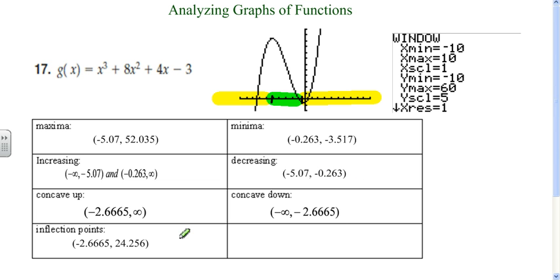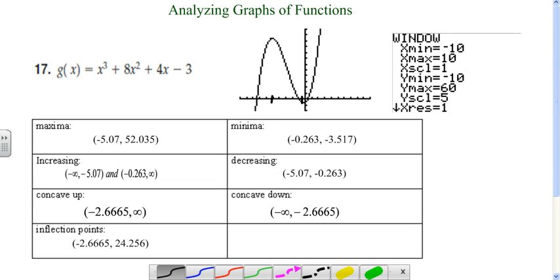Now when we're talking about concavity, first we need to find the points of inflection, and this point of inflection is exactly halfway between the max and the min values. So let's see if I get rid of this here. Okay, so we're looking at halfway between the maximum and minimum value, and I'll use this color green here.